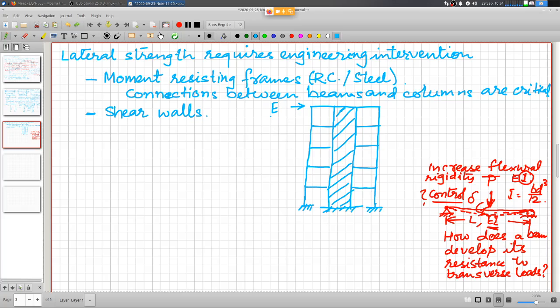a lateral horizontal force, then this force is transverse. If I look at it, it's a cantilever beam, an inverted cantilever rotated 90 degrees. So this is a cantilever beam, and if I use this shear wall, then the shear wall acts like a beam with a very, very large depth, and that makes it very, very rigid in deformation.